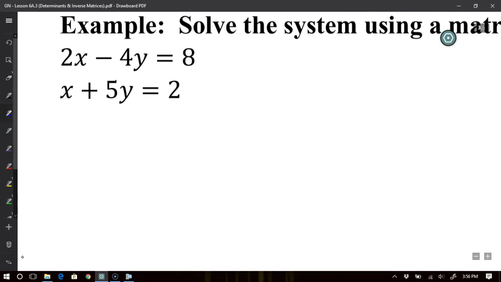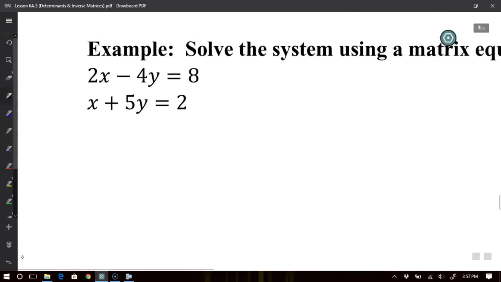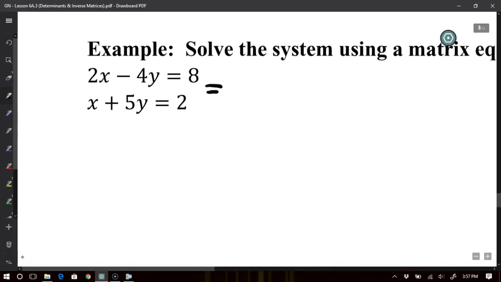2x minus 4y equals 8, x plus 5y equals 2. So the first thing I'm going to do is translate it. I'm going to take this equation and set up my coefficient matrix first: 2, -4, 1, 5.